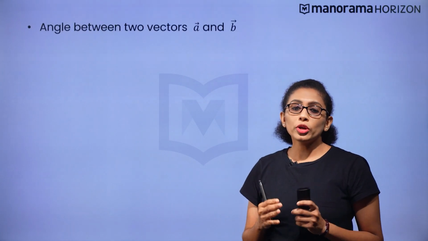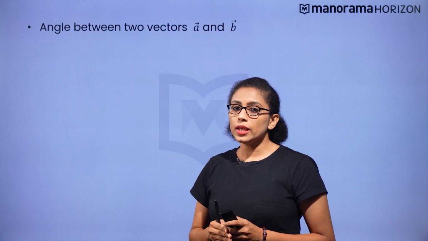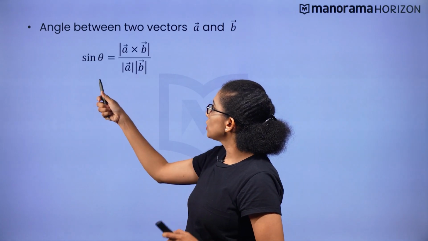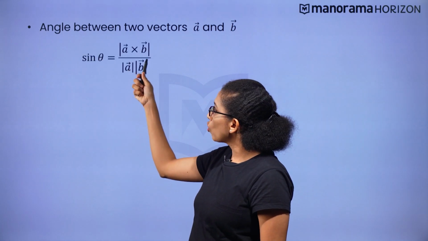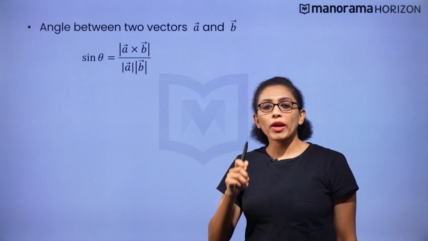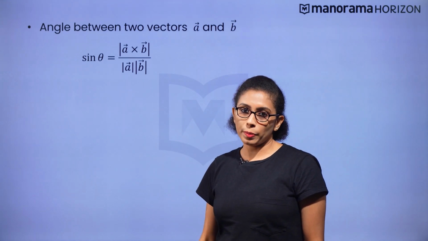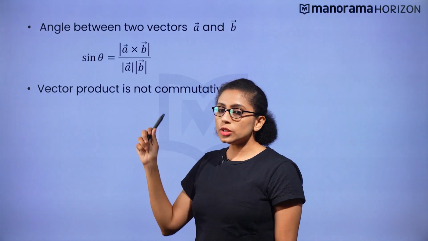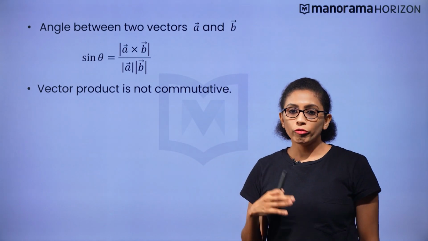Now, what about the angle between two vectors A and B? It is given by sine theta is equal to modulus of A cross B by modulus of A into modulus of B. Next, vector product is not commutative. Why?